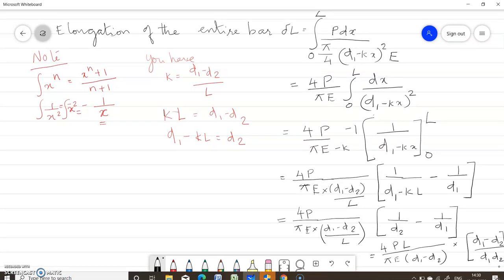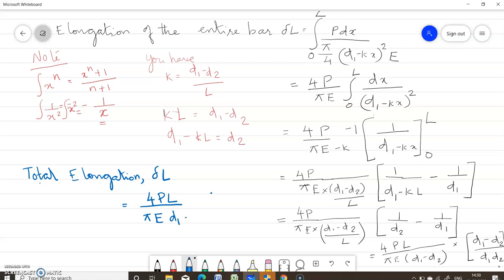Okay, so you will get the equation for the total elongation. Let us designate it as total elongation delta L equal to 4PL by pi E into d1 d2.